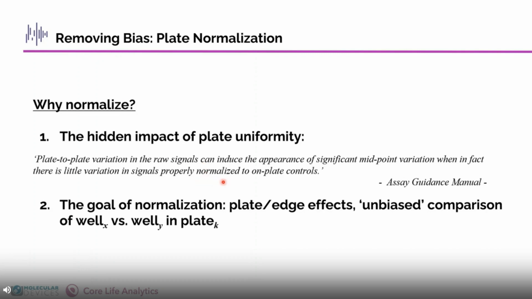And the goal of plate-to-plate normalization is to remove or take into account plate and edge effects, and to have unbiased comparison of well X versus well Y in plate number K.